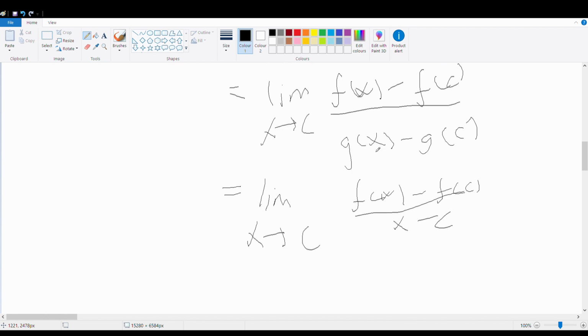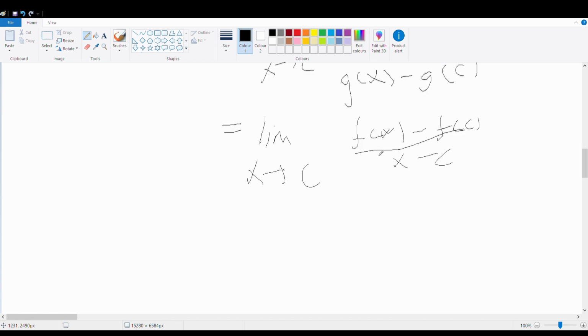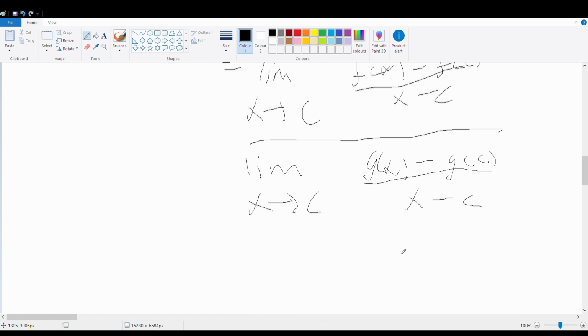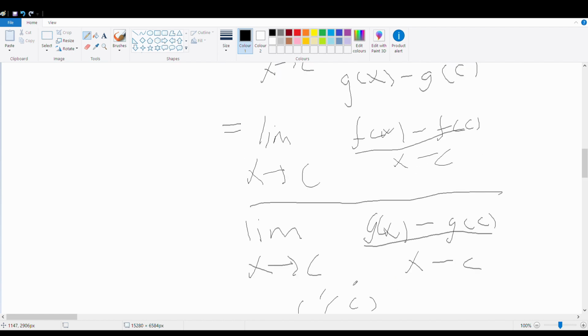Since we can evaluate the limits in the numerator and the denominator separately, I'll write this as another limit as x tends to c of g of x minus g of c by x minus c. And now if you've been paying close attention, you know what this means. This is nothing but f dash of c by g dash of c. And that is what we set out to prove.